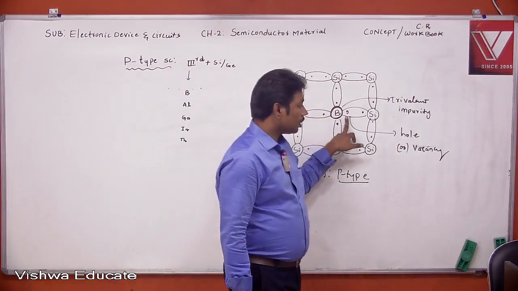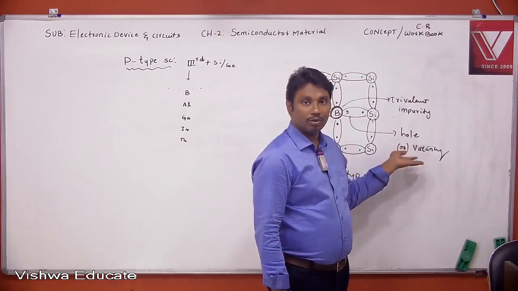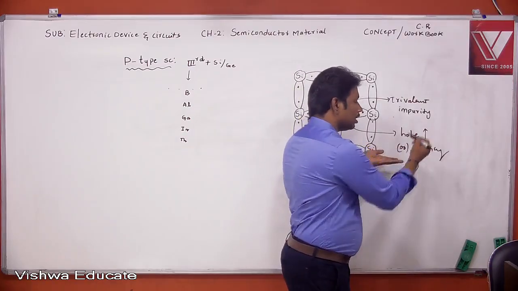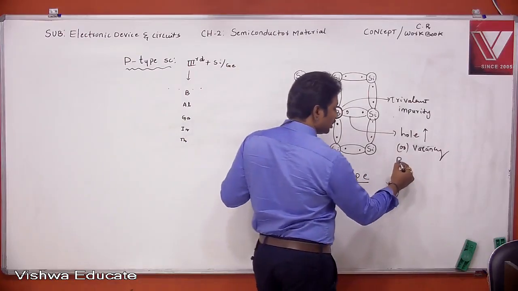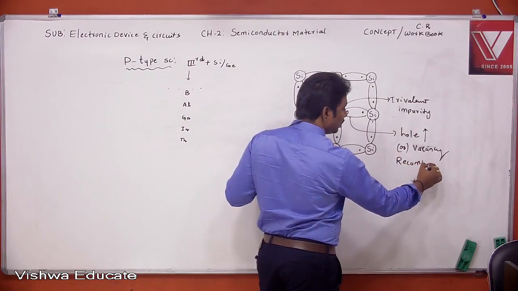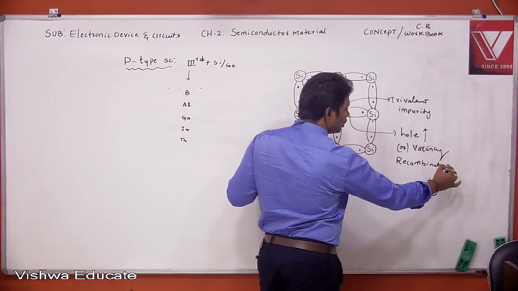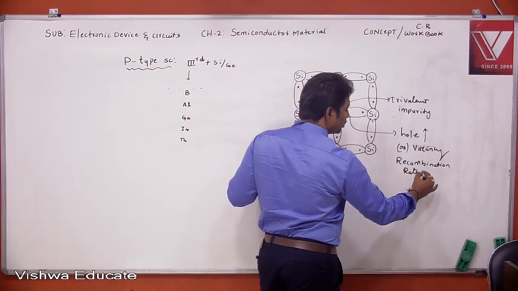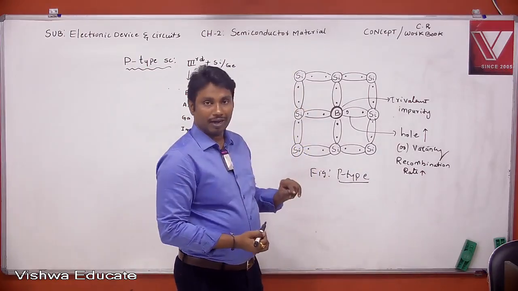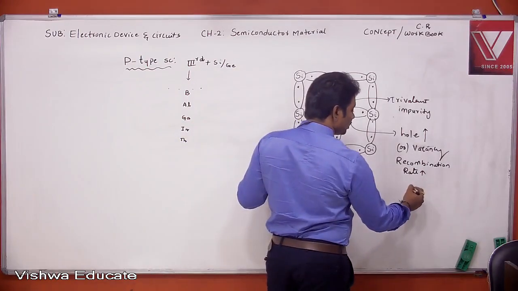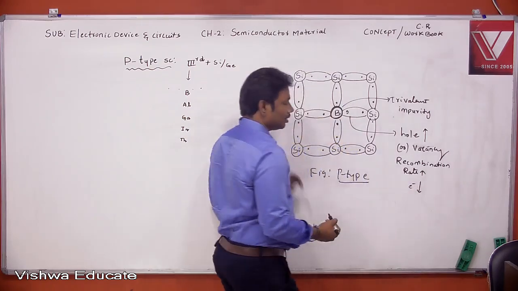Due to which, what about the hole concentration actually? The hole concentration increases, and also recombination rate increases. That means a few holes recombine with a few electrons. Then what about the electron concentration actually? The electron concentration decreases.